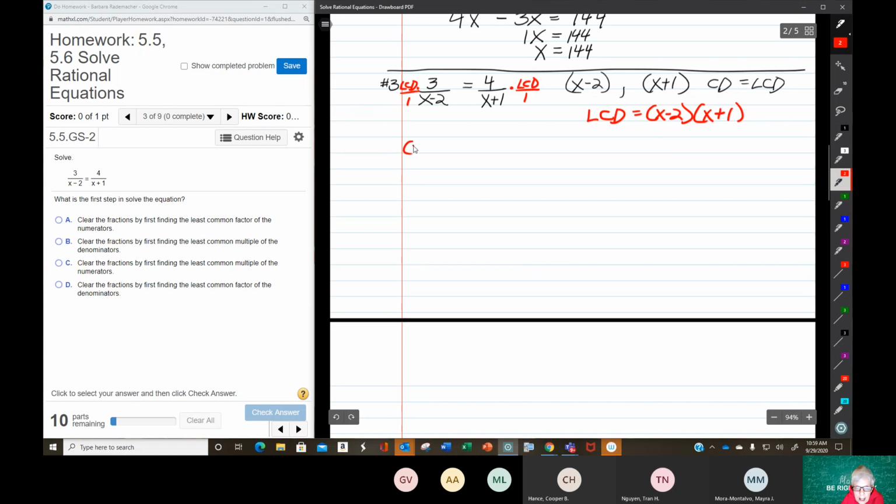We are going to have x minus 2 times x plus 1 over 1 times 3 over x minus 2 equals, I usually put the answer first, and then x minus 2 times x plus 1 over 1.